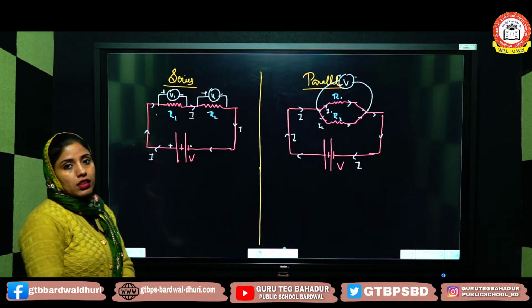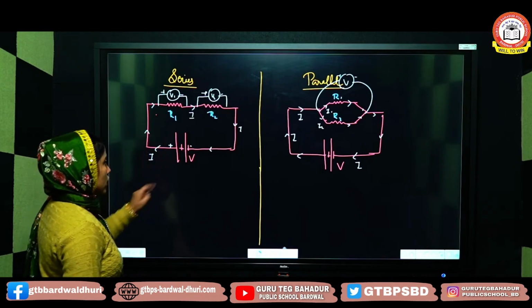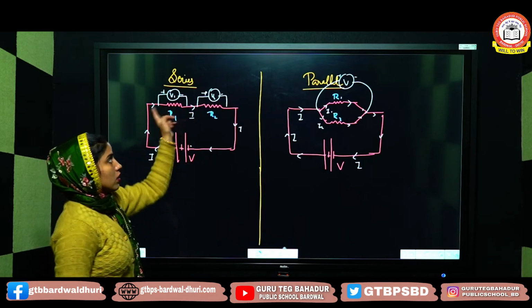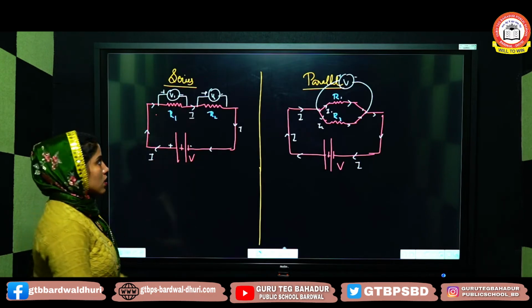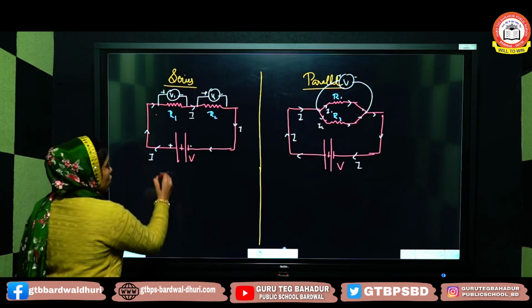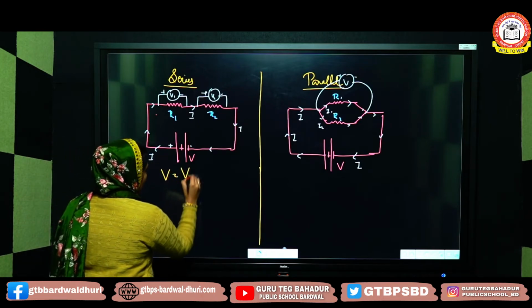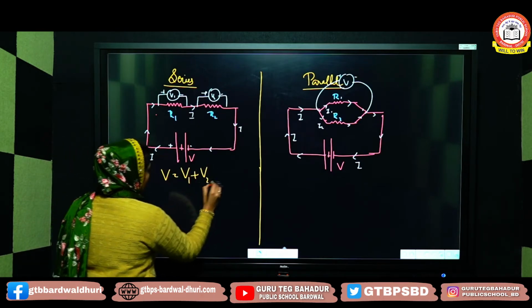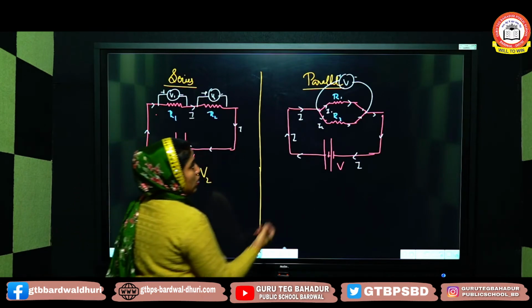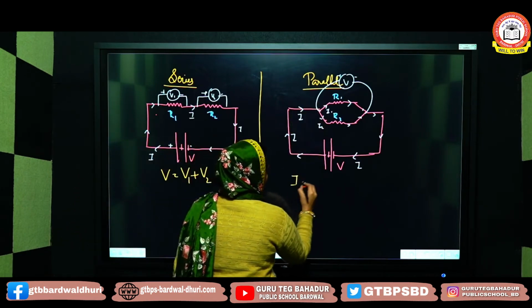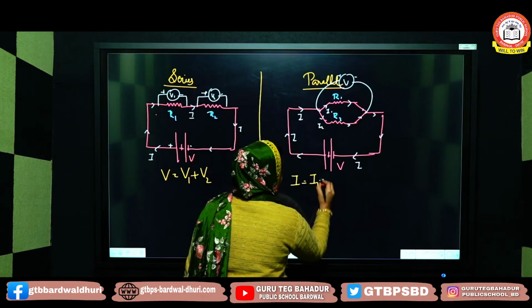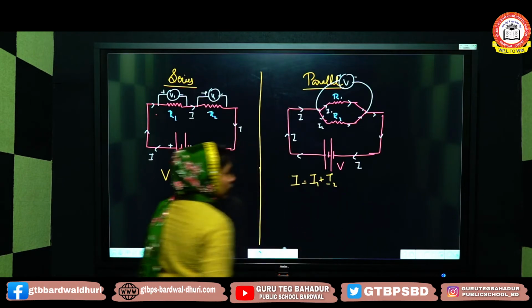In series combination, the potential difference is divided between the resistances. Like here two resistances are there, so V is divided. But in parallel combination, V is the same but the current gets divided, I1 plus I2.